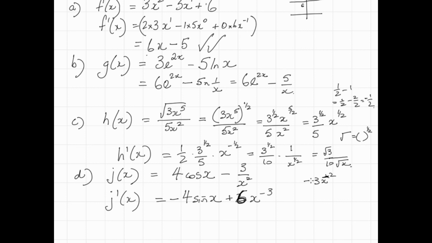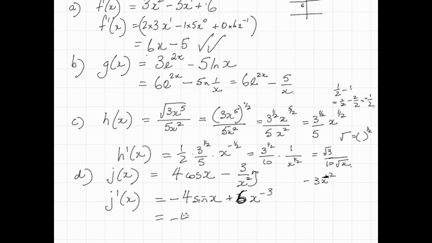Minus 3 over x squared is the same as negative 3x to the minus 2. Bring this upstairs and it becomes x to the minus 2. And then the negative 2, the power, gets multiplied by the first coefficient here. So negative 2 times negative 3 is positive 6. And then you take 1 off the power and you get x to the negative 3.